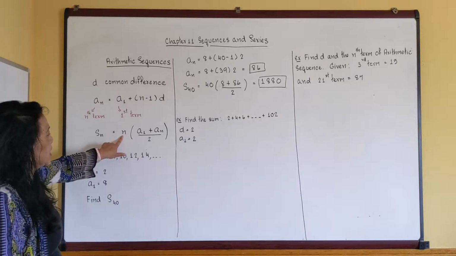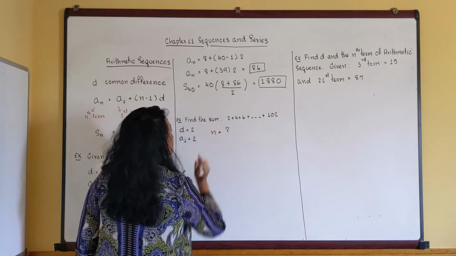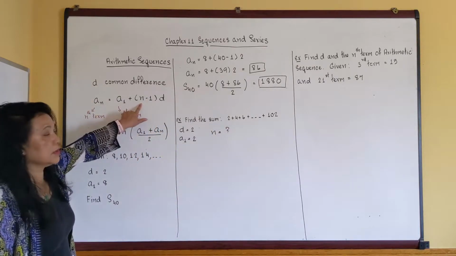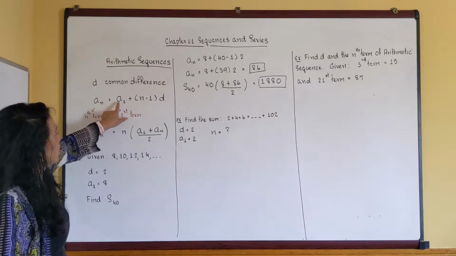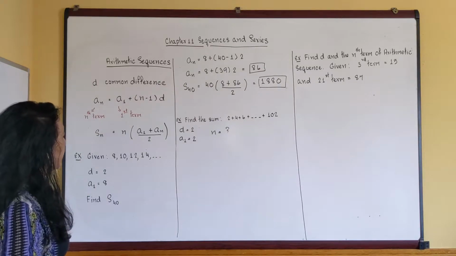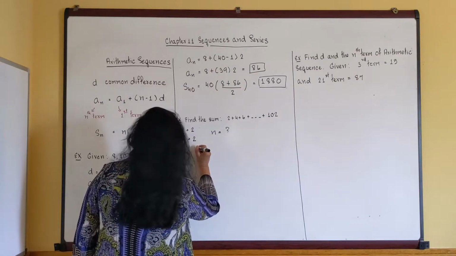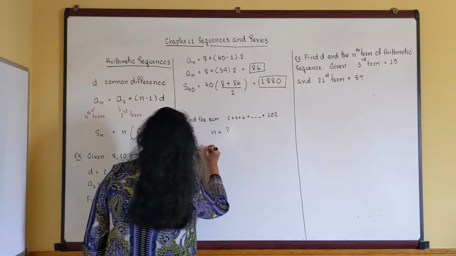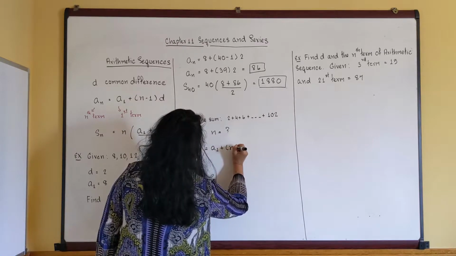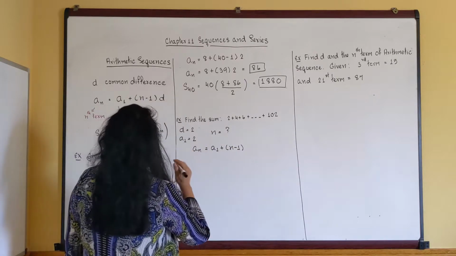We don't know what n is. So what we're going to do is use the first formula to calculate n, because we have a sub 1 and we have d. So we can use this to find a sub n. The formula is a sub n is equal to a sub 1 plus n minus 1 times d.